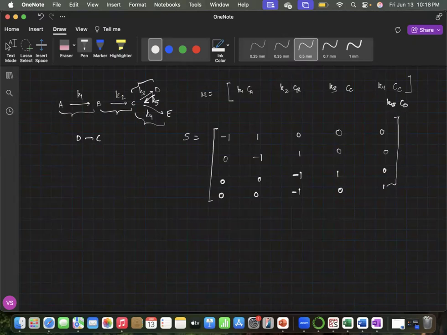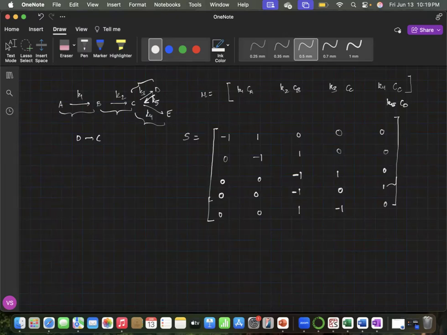And because of that, there's going to be an additional row in my stoichiometric matrix, which is going to be just 0, 0, 1, minus 1, 0, right? That's going to be an additional row, and you would still end up getting the same result for your problem.